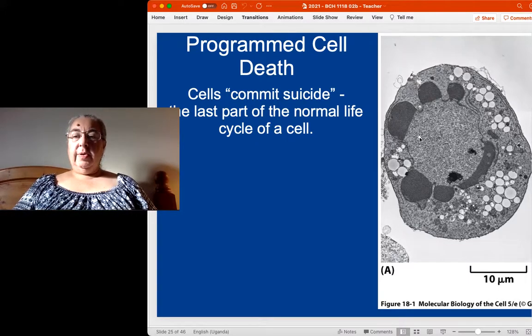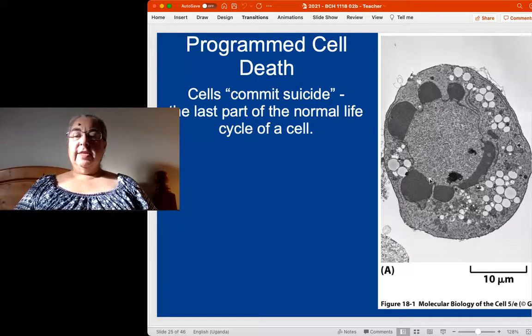So here you can see a cell, and hopefully you'll notice that the contents here look rather different from the micrographs we've seen before. We've got a number of vacuoles inside the cell, a number of other structures, but notice that the cell membrane is still complete around the outside of the cell.